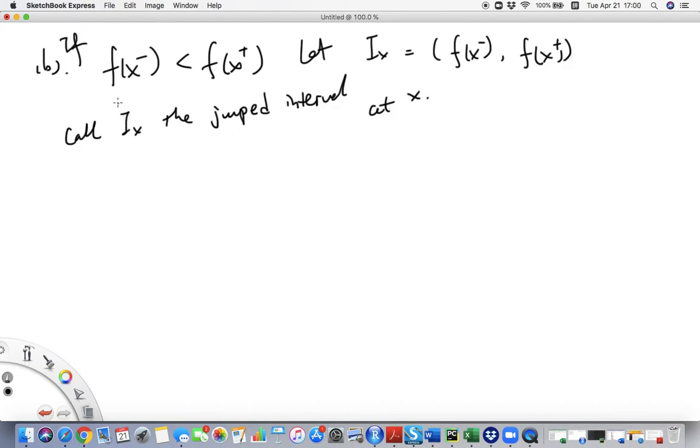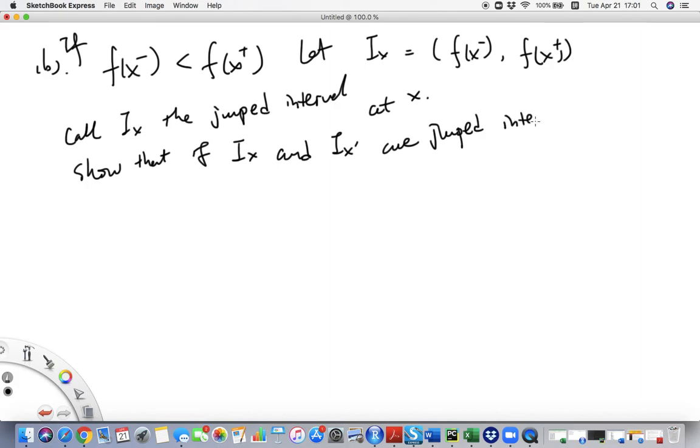Show that if I sub x and I sub x prime are jump intervals at two points x and x prime, let's say x is less than x prime, then the two jump intervals are mutually exclusive.